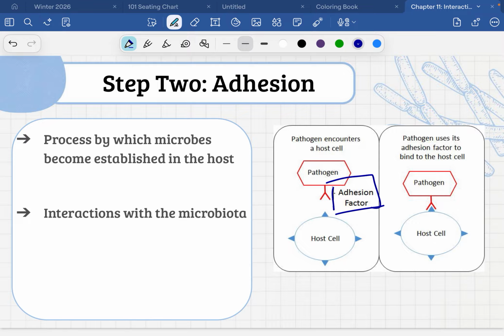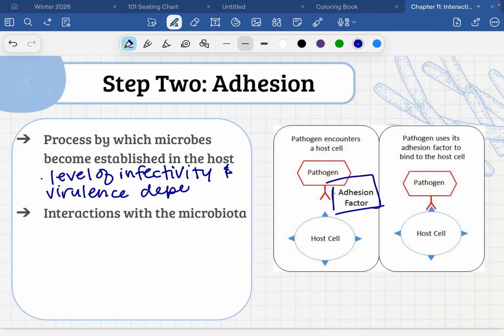And level of infectivity and virulence depends on this adhesion factor. Okay?